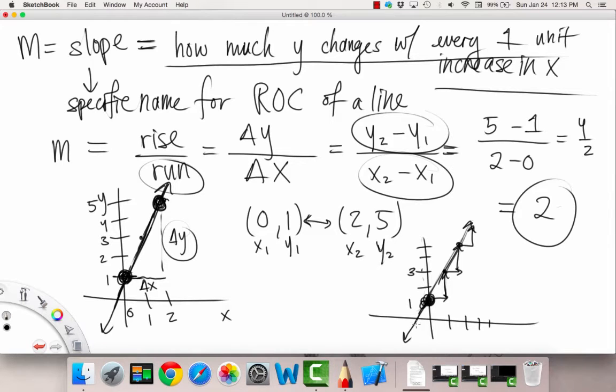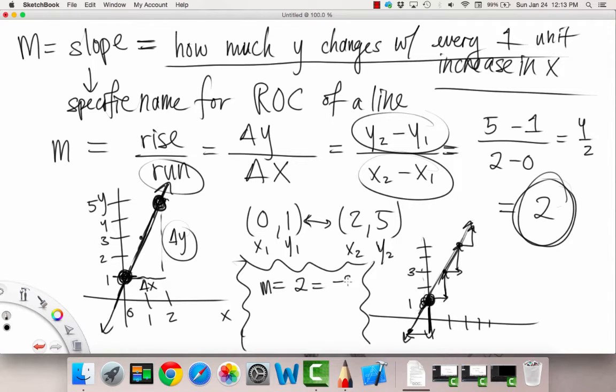We can kind of go backwards, right? So if we go down 2 in the y direction, that means we have to go left 1 in the x, okay? So this same thing, I know it's a little bit complicated to wrap your mind around, but let me just squish in one more tiny concept in this box here. So our slope, you know how we got m is equal to positive 2, right? This is the same thing as saying negative 2 over negative 1, right?